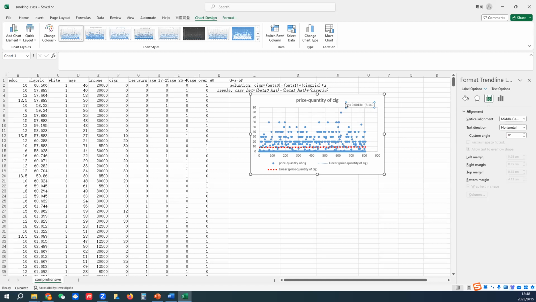So in this case, beta 0, which is the intercept term, is 8.149, and the slope term is 0.0013. So here is the result of the fitted line. And this is how to graph those dots and also the fitted line inside the dots using scatter chart or scatter plot function on the insert tab.